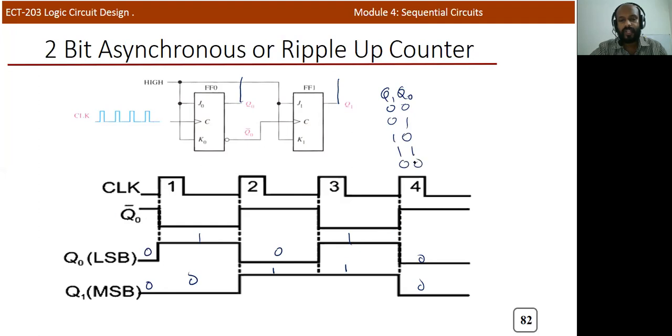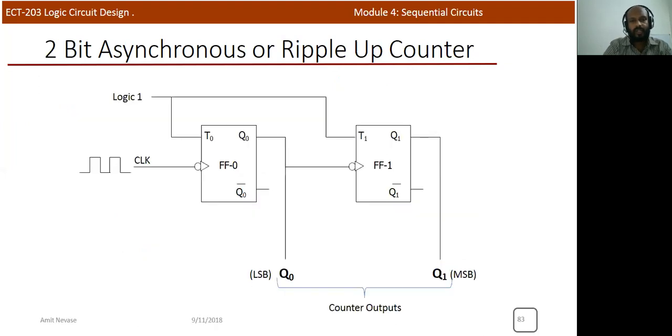Again it repeats the sequence: 0 1 2 3 0. So it will act as an up counter. We already know that if a positive edge triggered clock is used and Q bar drives the clock, it is an up counter.